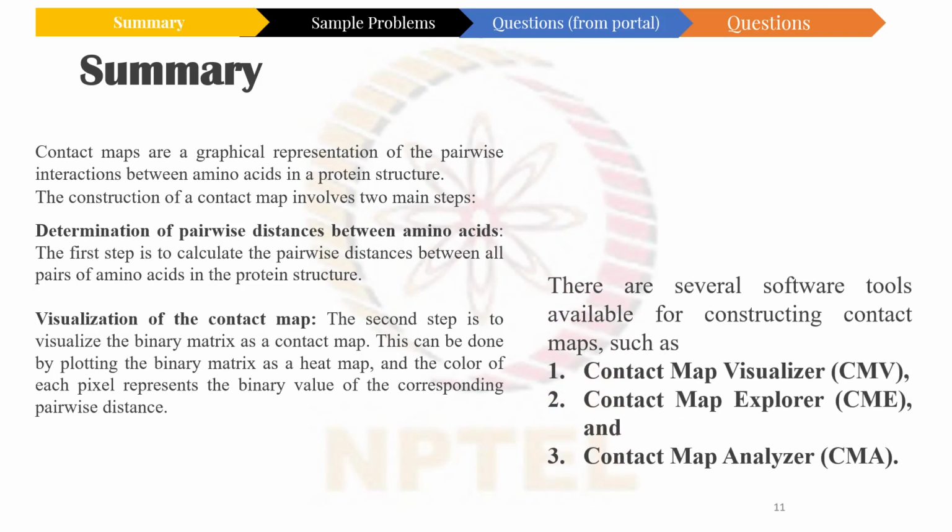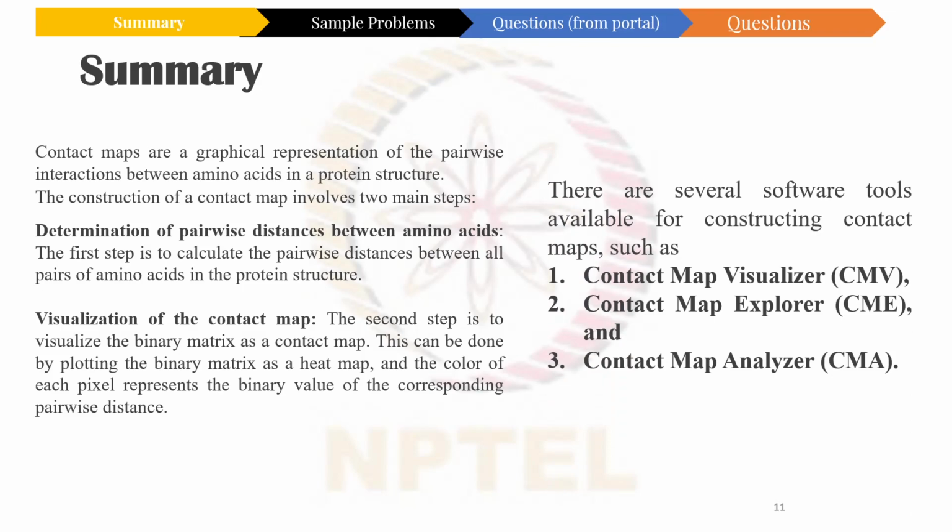There are several software tools available for constructing contact maps, such as Contact Map Visualizer, Contact Map Explorer, and Contact Map Analyzer. These tools provide various options for customizing the visualization of the contact map.